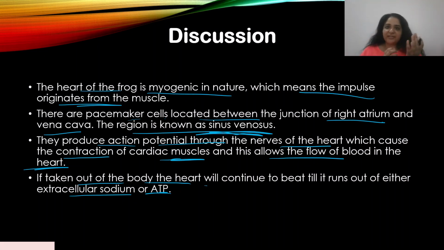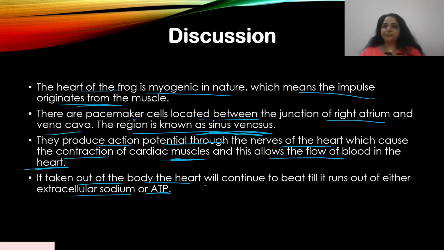It is connected by the sympathetic and parasympathetic nervous system that only adjusts the increase or decrease of the heartbeat, but the nervous system does not control the heartbeat itself. It only increases or decreases depending on the situation. But if we cut that out, it will just keep beating normally.